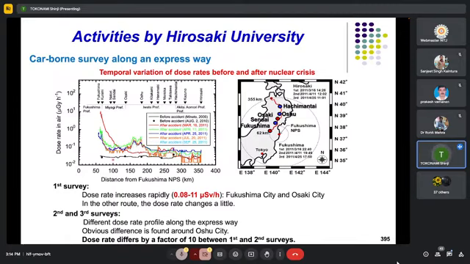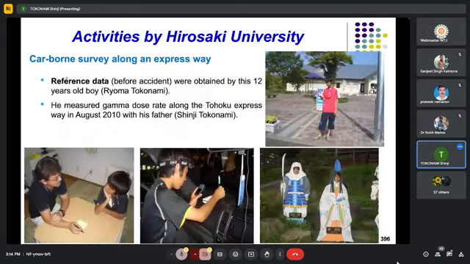The black line represents the theoretical calculation based on the natural radioactivity concentration from the geological data. The background data before the accident were obtained by a 12-year-old boy, my son, together with me. He measured the gamma dose rate along the expressway in August 2010 with me.